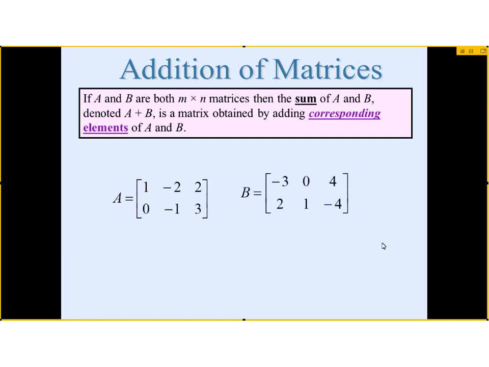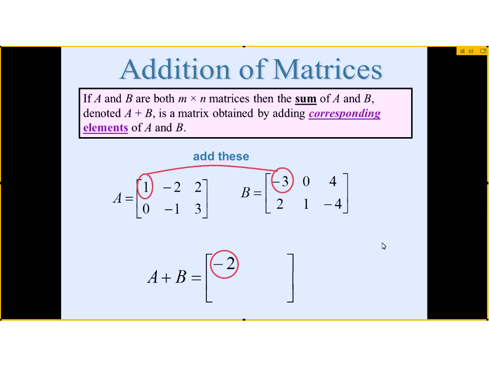So for example, we have two matrices A and B. We have some elements of A and some elements of B, and we are going to add these two matrices. One by one we choose an element of A and the corresponding element of B. So this is the procedure.